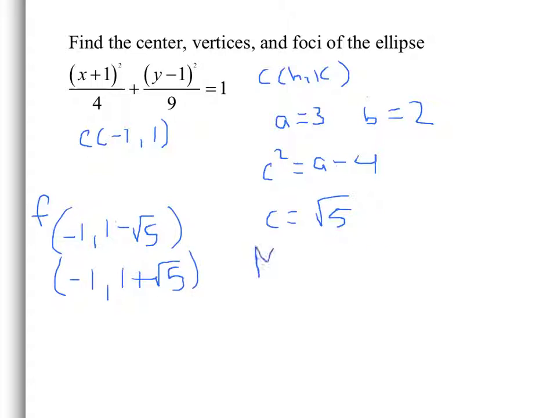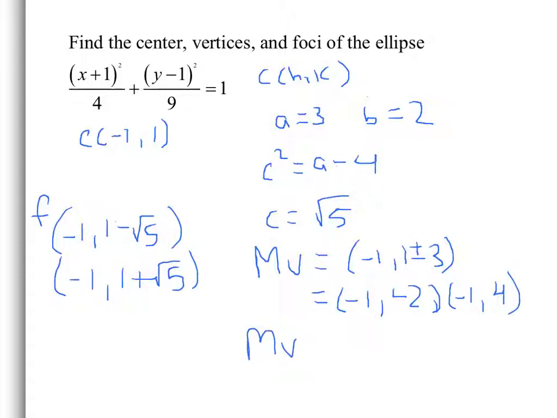Now the major vertices are going to be h comma k plus or minus a, so plus or minus 3. So our major vertices are (-1, -2) and (-1, 4).